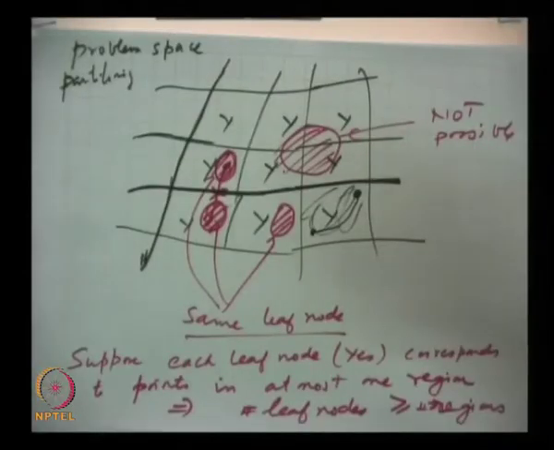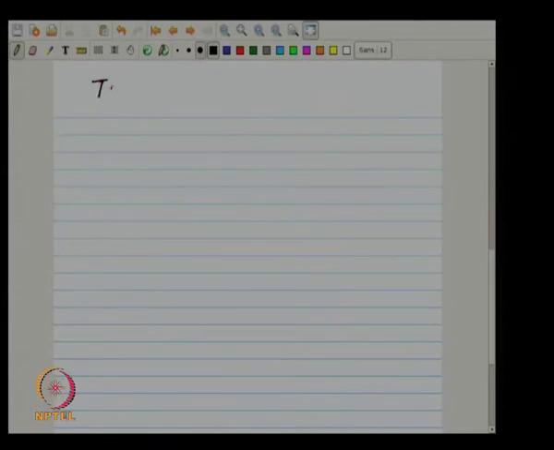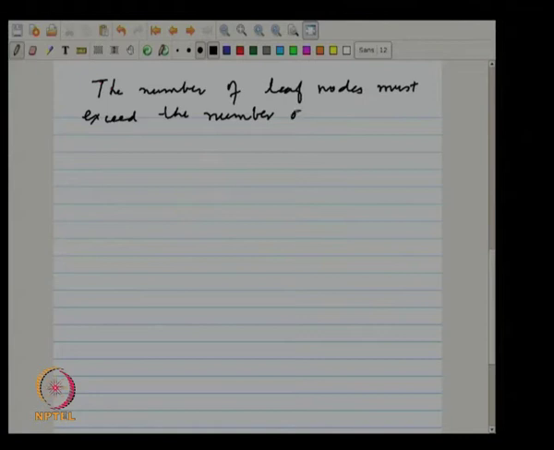And so overall, if you try to capture this entire result, it basically amounts to the following: the number of leaf nodes must exceed the number of connected components of the solution space.